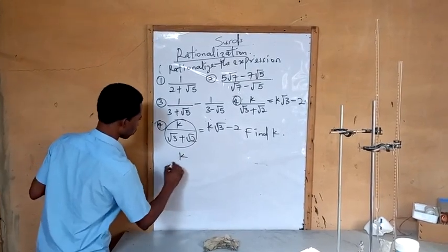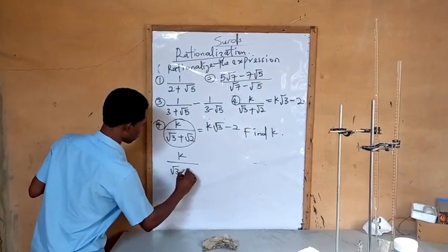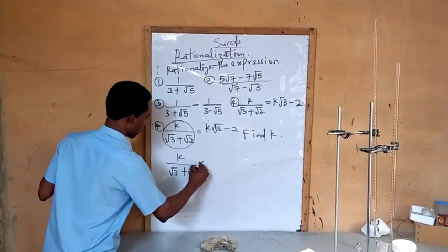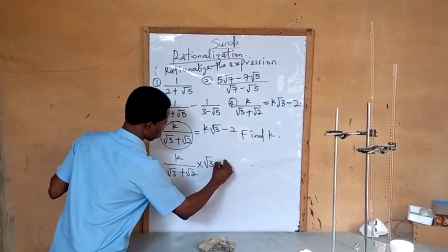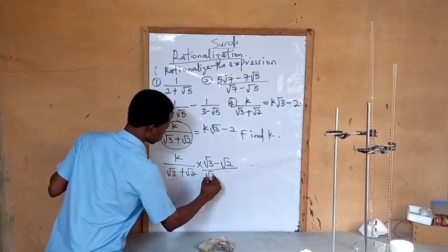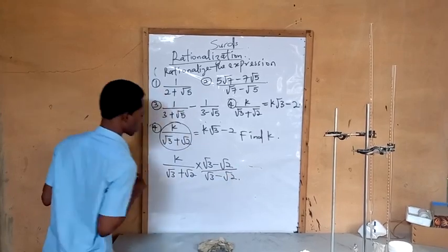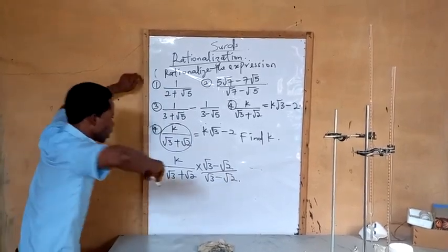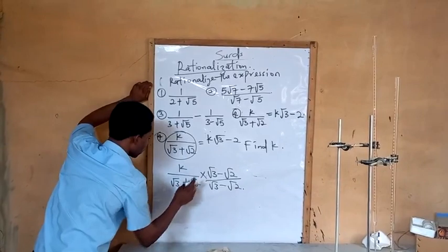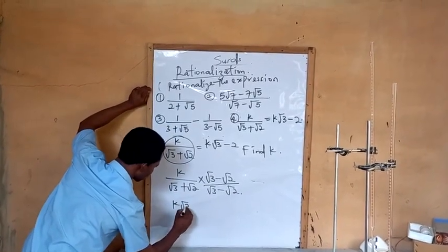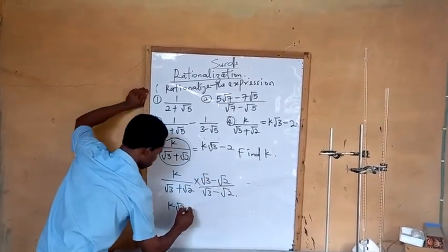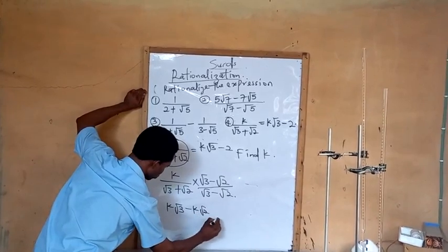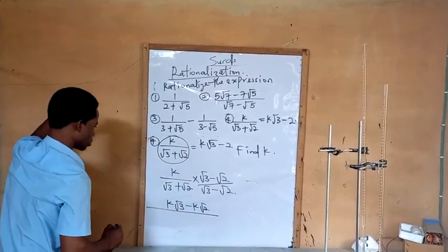That means k all over root 3 plus root 2, that is times root 3 minus root 2 over root 3 minus root 2. So that means k times this, that's k root 3, and k times this also, minus k root 2, all over.